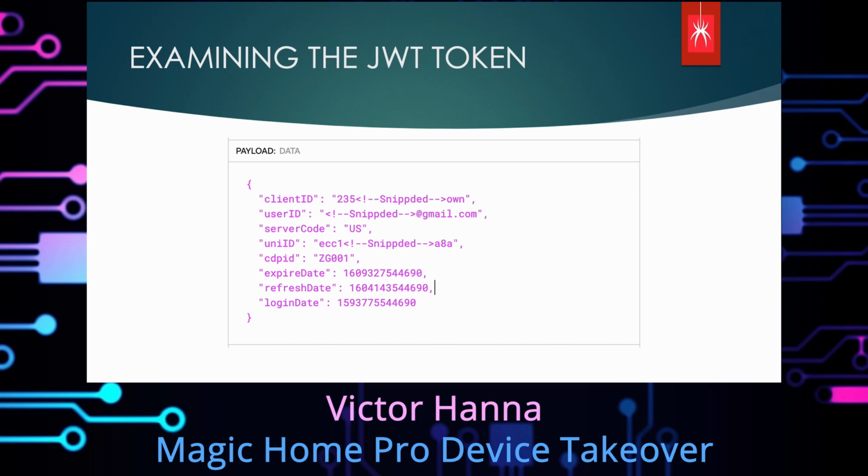As it turns out, 2 of the 4 parameters are encoded into that section, namely the uni ID and the user ID. Now, if I could just find a way to re-sign the JSON Web Token using alternate parameters, then there may be a chance that I could forge a token with new data.